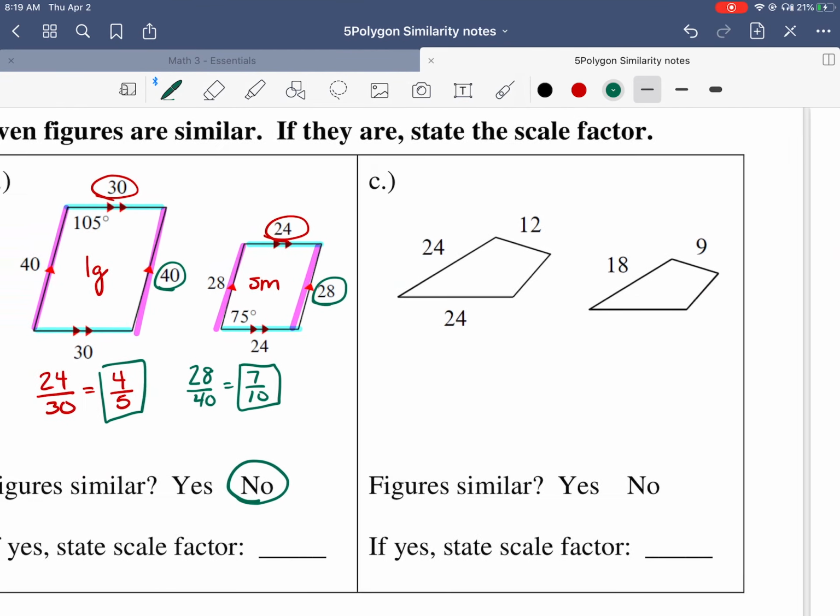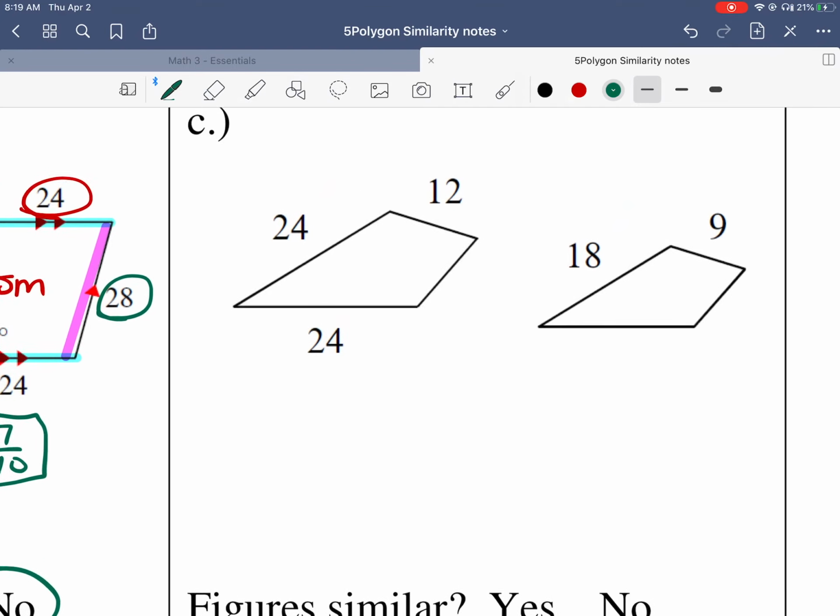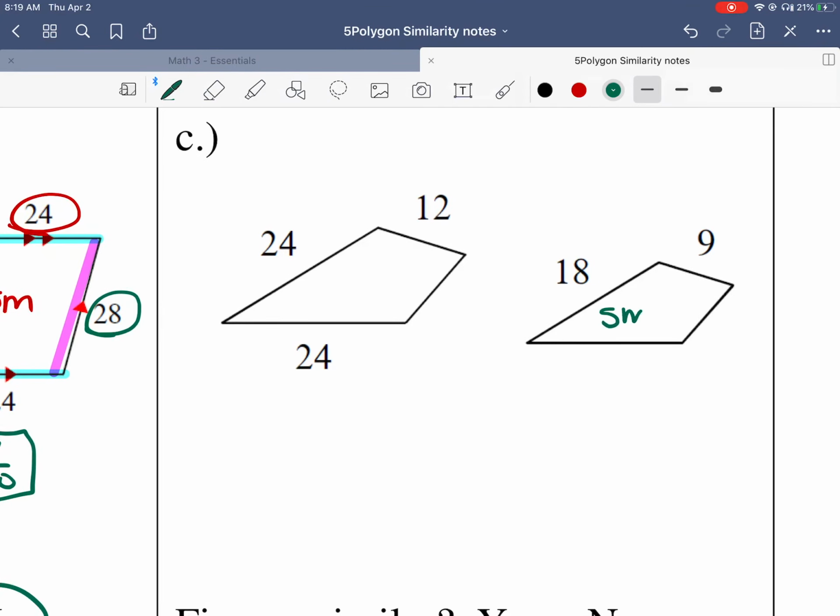Okay. Same idea here for C. Determine which one's smaller, larger. Compare sides. 24 and 18 in the same spot. 12 and 9. Okay. So I'm going to do my smaller over my larger.